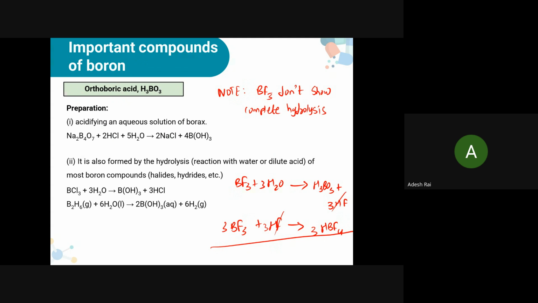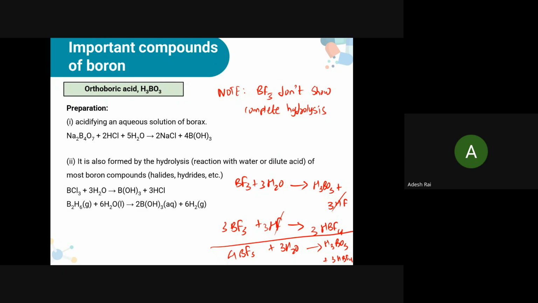So we get 3 plus 1, 4 BF3, plus 3H2O gives H3BO3 plus 3HBF4. This is the overall reaction.